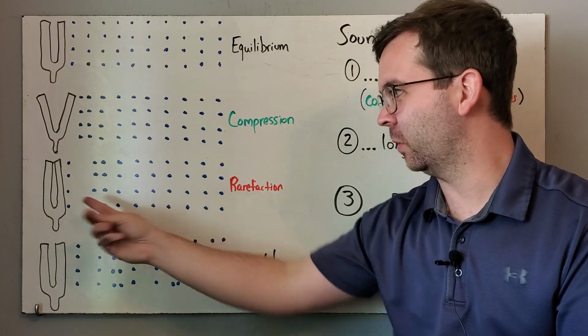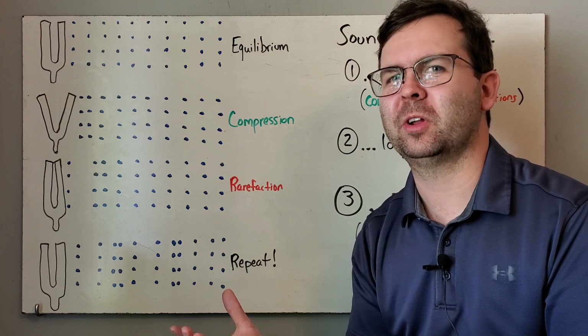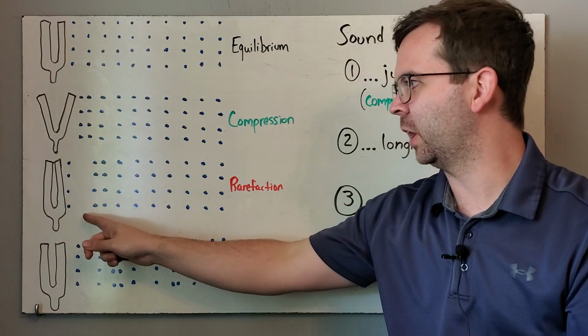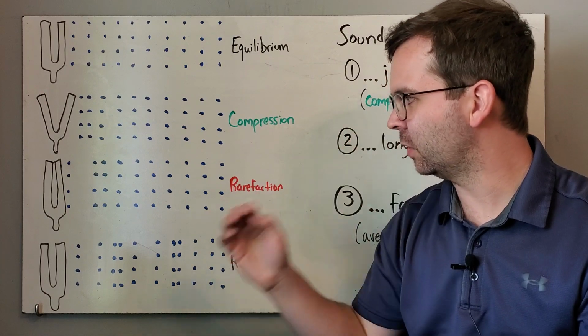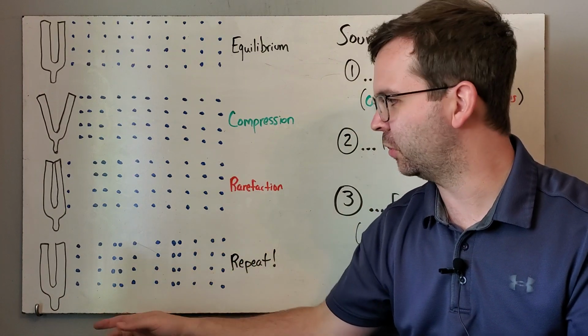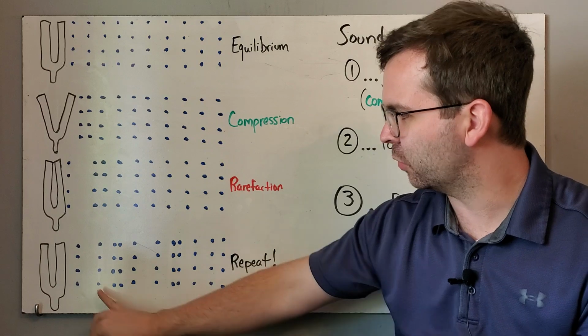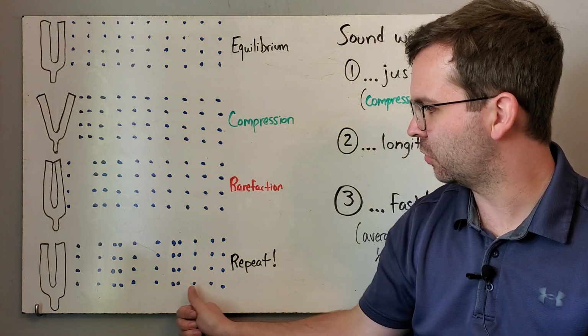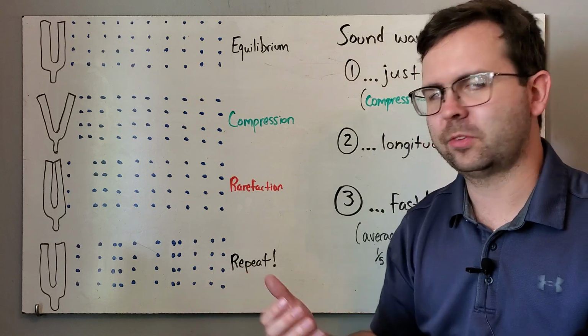It's the opposite of a compression, where there's a lot of air. When there's not as much air, we call it a rarefaction. And so over time, if we let this continue to play out, we'll have a series of rarefaction, compression, rarefaction, compression.